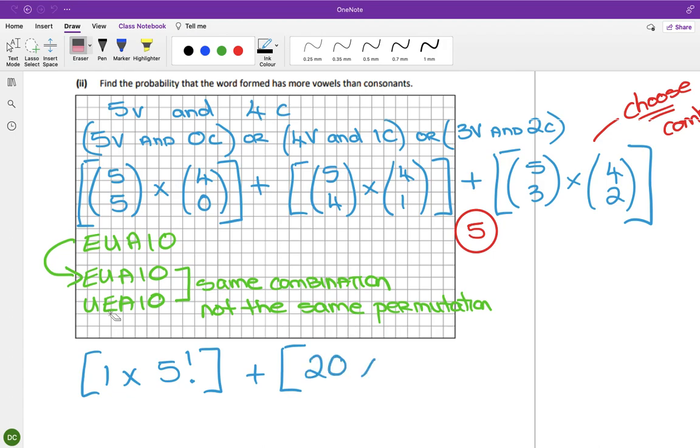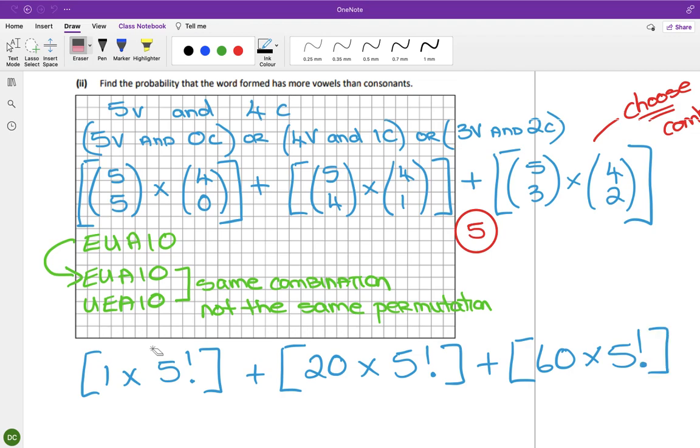But again, that will only be choosing 4 vowels and 1 consonant, not arranging them in different orders. So we have to take into account arranging them in different orders. And then the last one is 5 choose 3 is 10. 4 choose 2 is 6. 10 times 6 is 60. And then again, once you've chosen your 5, you need to reorder them.